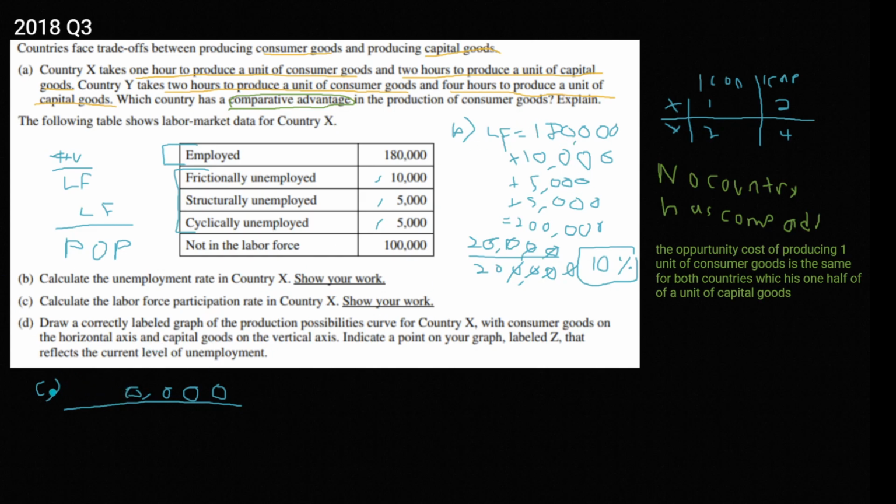So 200,000 over 200,000 plus another 100,000, so that is 300,000. The total adult population, and that is two-thirds, or 66.7%.